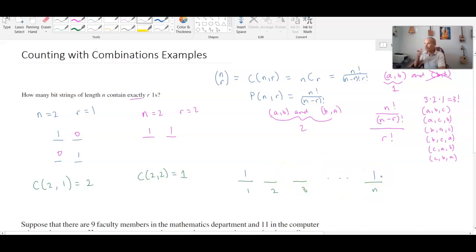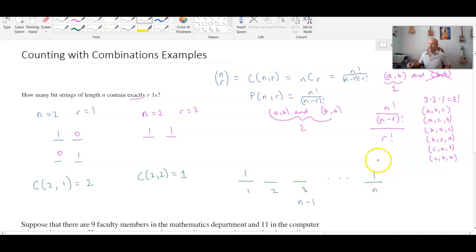So that would be the number of ways that we could have a 1 in the first slot with a 1 in some other slot, zeros everywhere else. So that's going to give me, by itself, n minus 1 possible ways I could have a 1 in the first slot and a 1 in any other slot, zeros everywhere else.